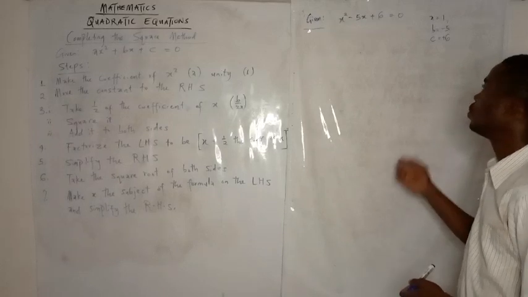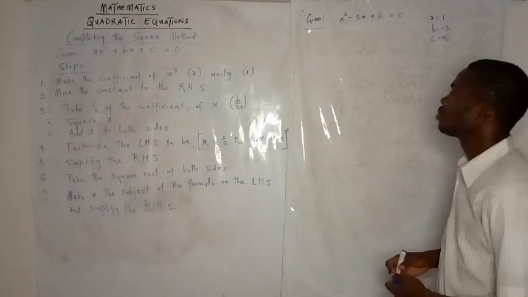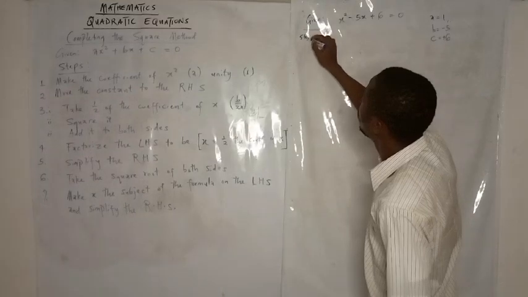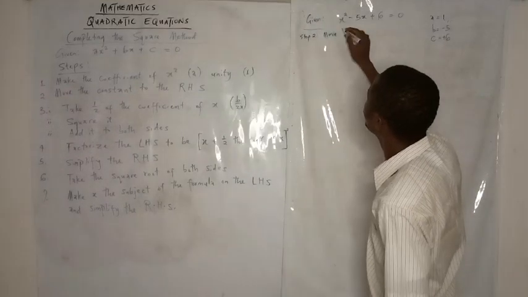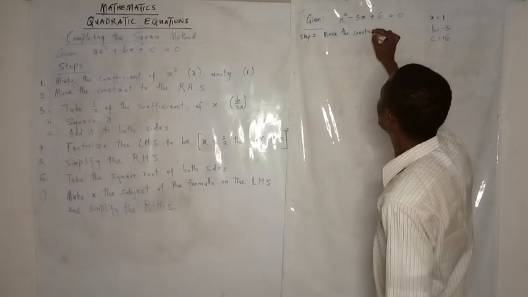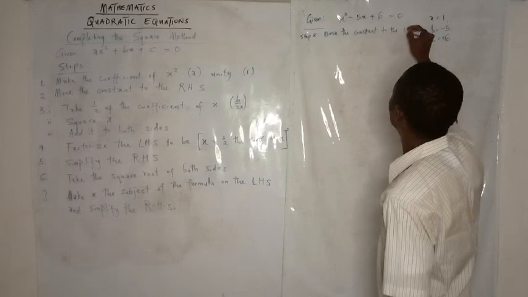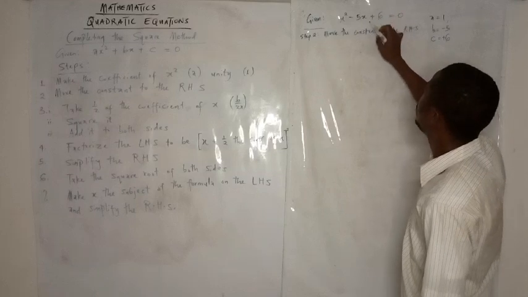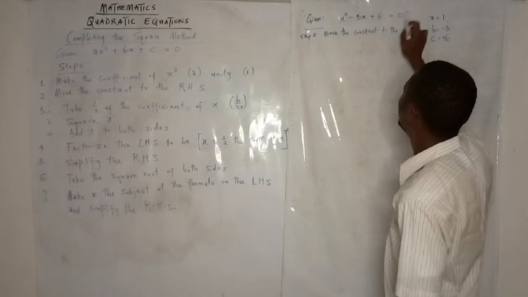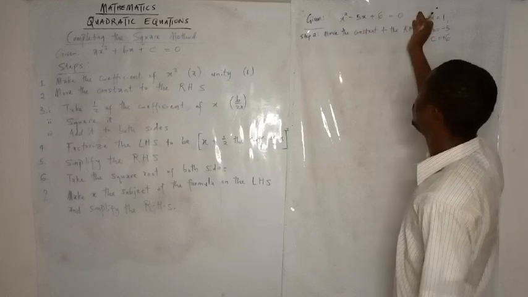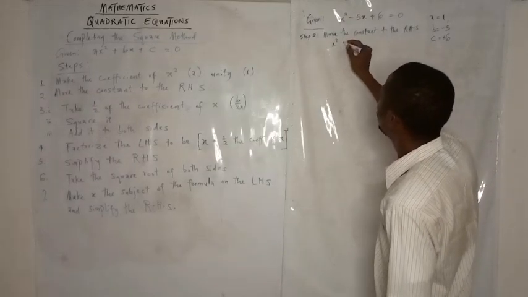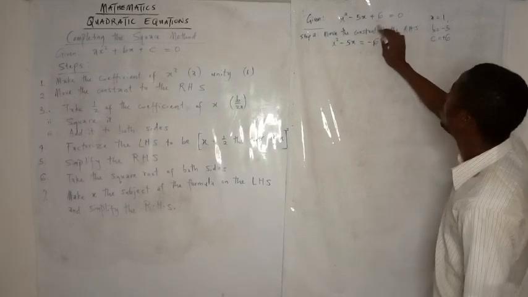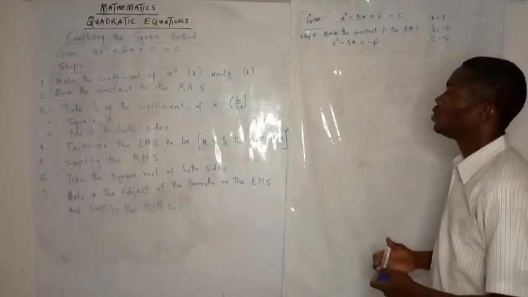Step 2 is to move the constant to the right hand side. c is our constant, so we move it to the right hand side. So we have x squared minus 5x will be equal to -6 when we move our constant to the right hand side. So we are done with step 2.